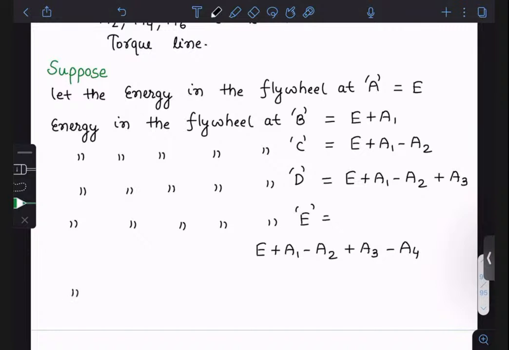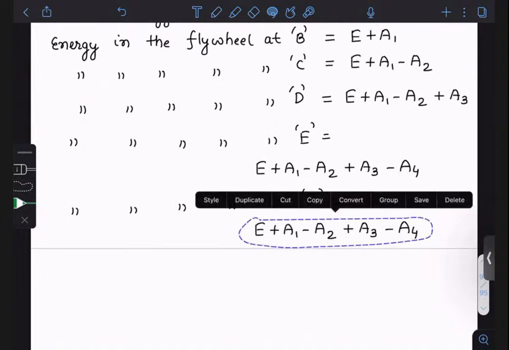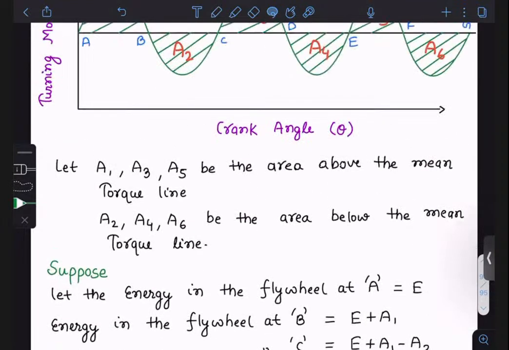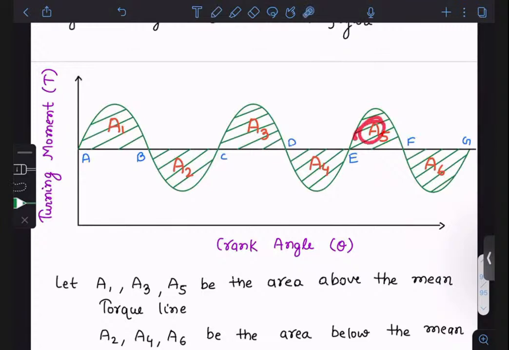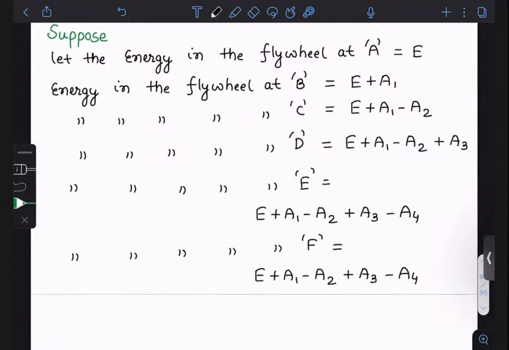Now the energy in the flywheel at point F. So what will happen at point F? Minus A4, now plus A5, and then again at G minus A6 plus A5. Correct, my dear?